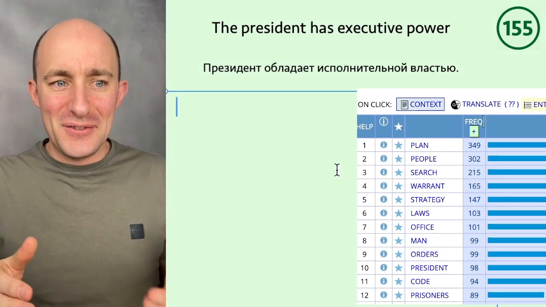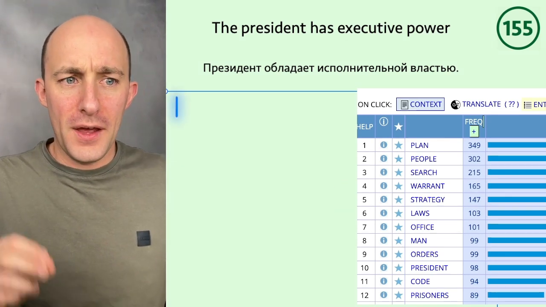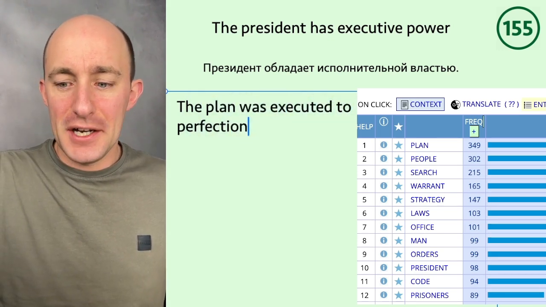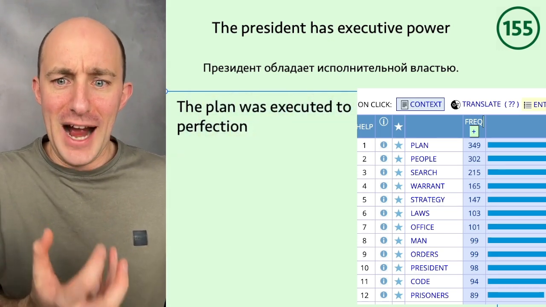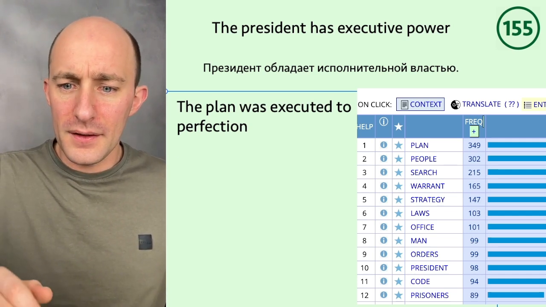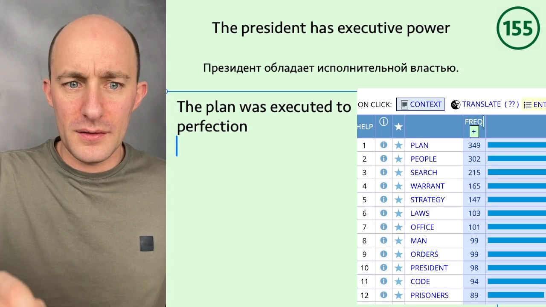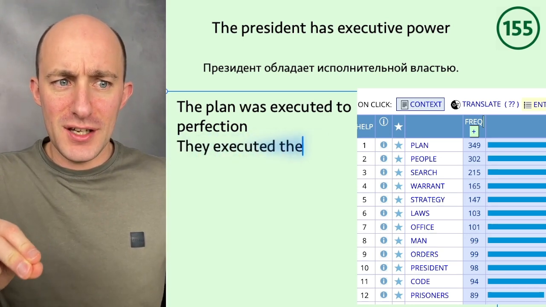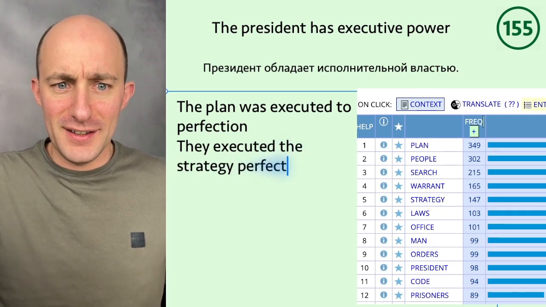Execute a plan, for example. The plan was executed to perfection. Obviously, that is not about казнь. They executed the strategy perfectly.